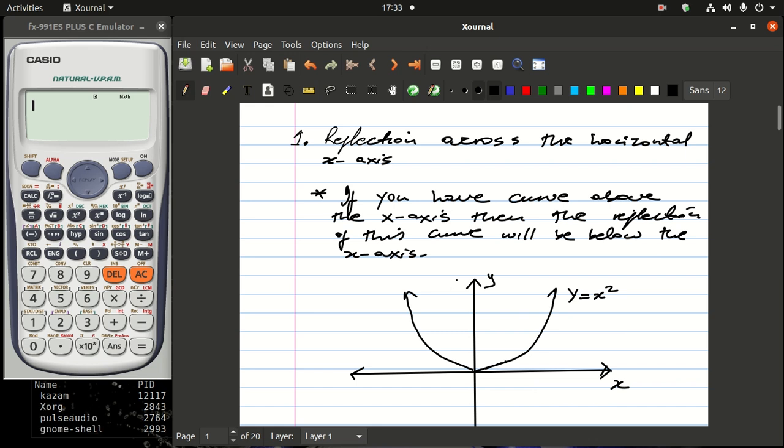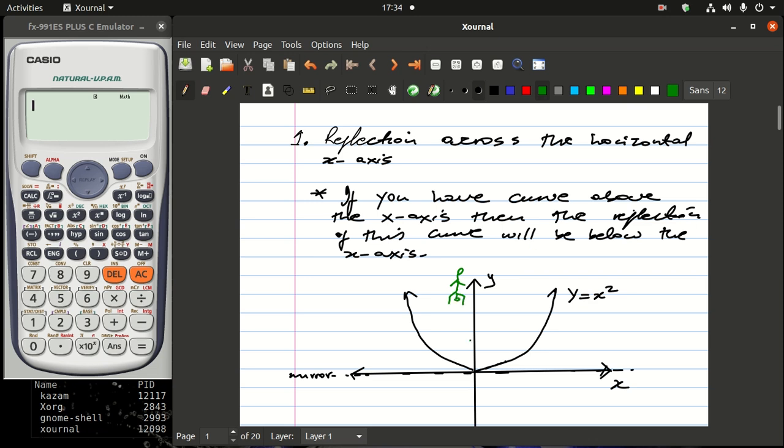So if I have the mirror here along the x-axis, and now I am standing on this side. Since I am on this side, this is not how it looks. It should be something like this.